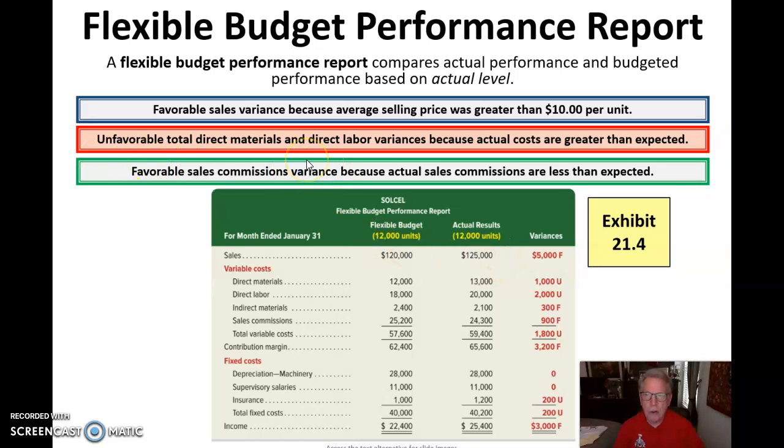Unfavorable total direct materials and direct labor variances occur because our actual costs were greater than expected. We would have to dig in to find out why that is. And then our favorable sales commission variances occurred because the actual sales commission were less than what we expected.